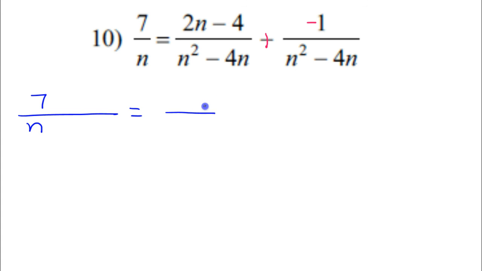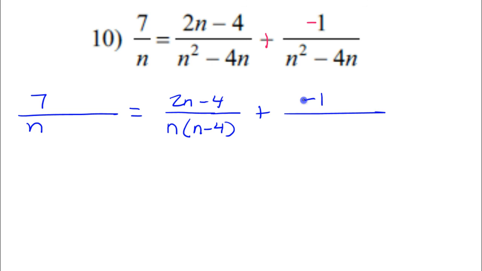I'm not going to bother factoring the numerator, so I have 2n minus 4. Now, I see the GCF down here, common factor of n, so that will become n and then n minus 4. Plus, right, I made this a plus, remember? And these are identical, so again it's going to be n and then n minus 4.